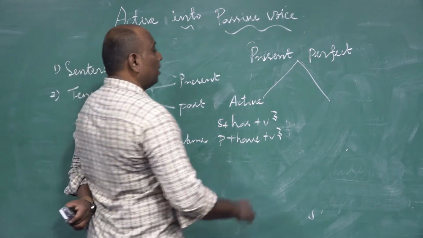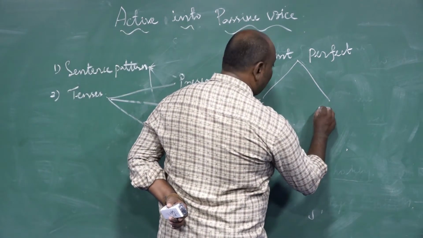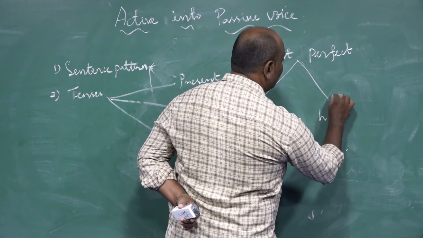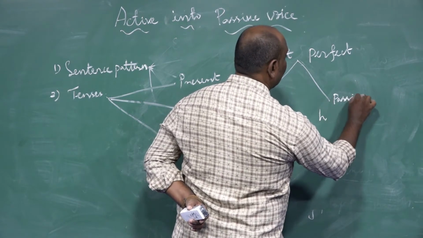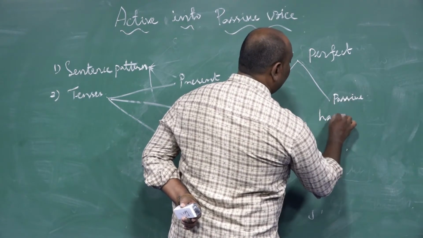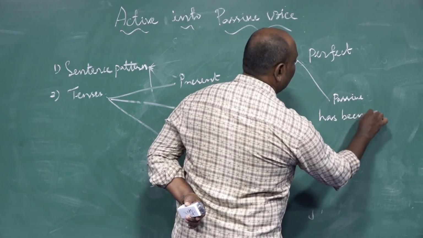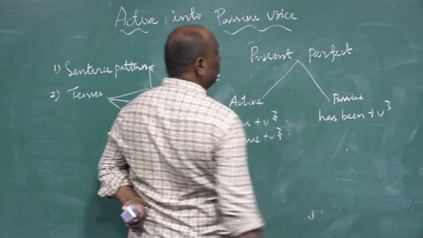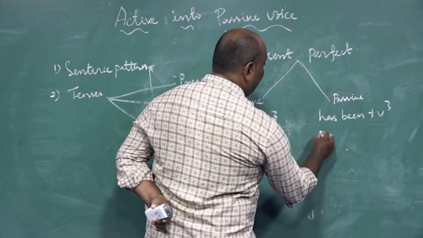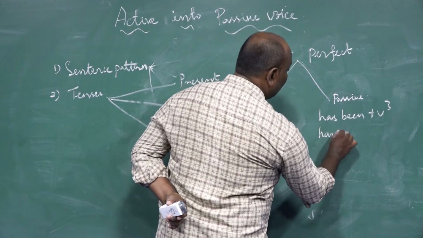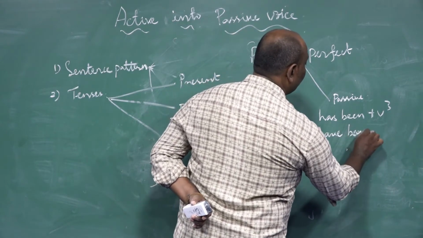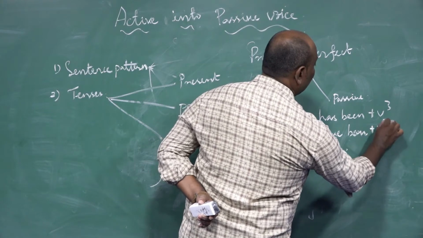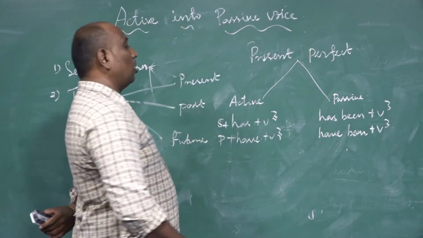And for the passive, singular, you have to write has been, and the verb automatically third form. And for plural, we have to write have been plus verb third form.